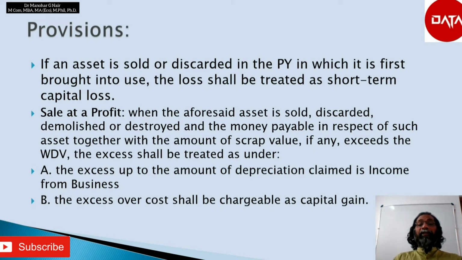The excess up to the amount of depreciation claimed is income from business, and the excess over the cost shall be chargeable as capital gain. So if it is sold for profit, then it is to be dealt with in two ways. To the extent of the amount of depreciation charged in the previous years, it shall be treated as business income, and above that will be treated as capital gain.